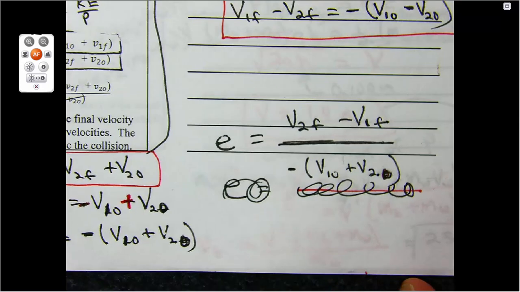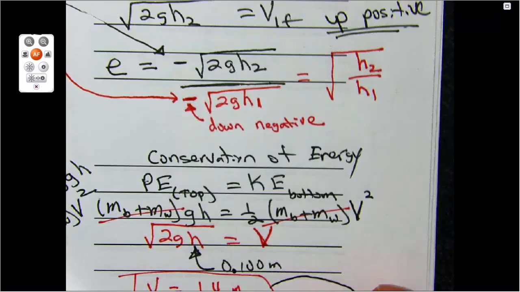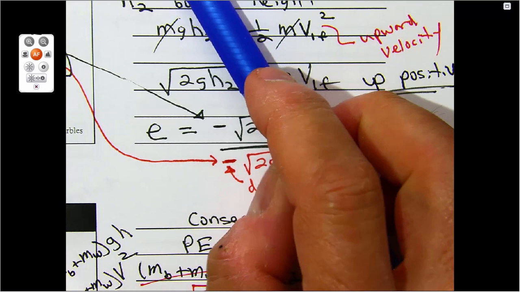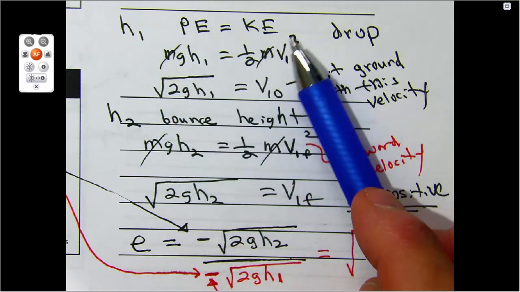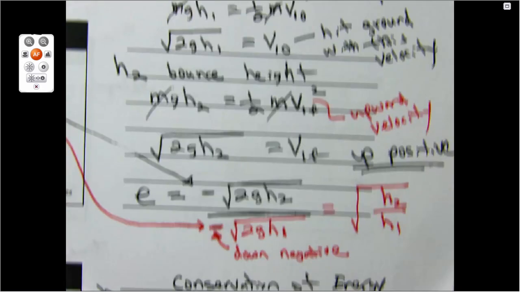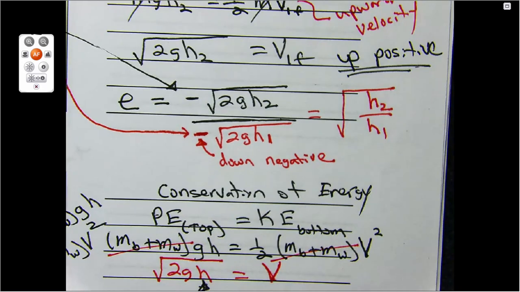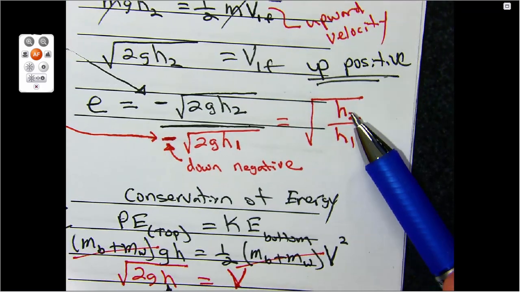But now, if you go back and expand this, here's our height 1 potential energy, kinetic energy, and so on. If you calculate this all out, we get this ratio, and it comes down to the square root of H2 over H1.